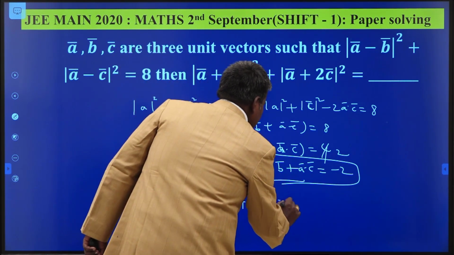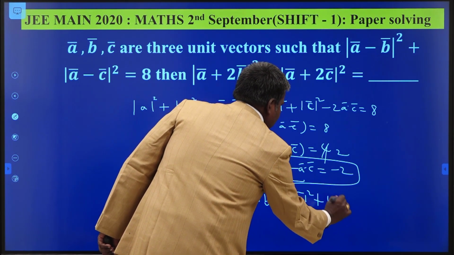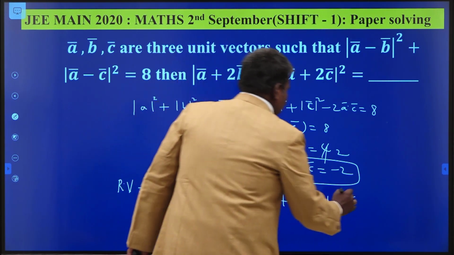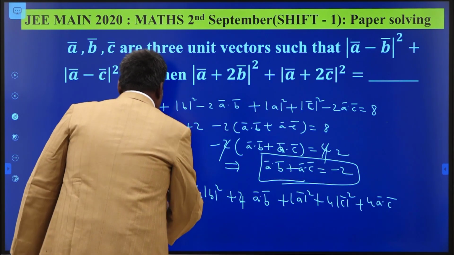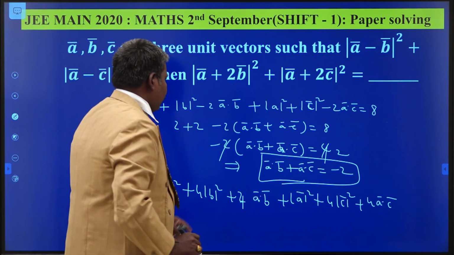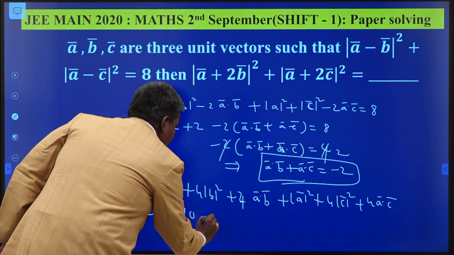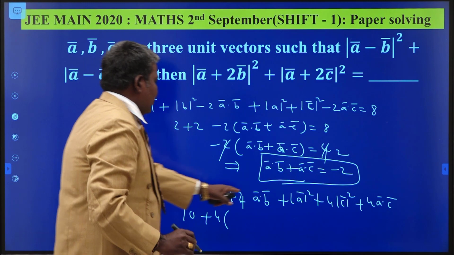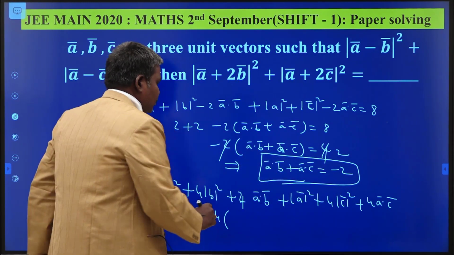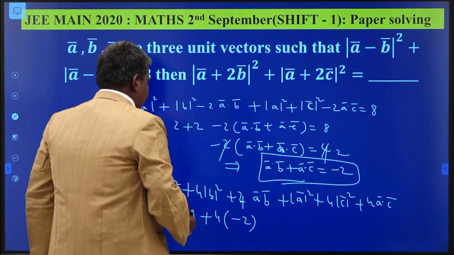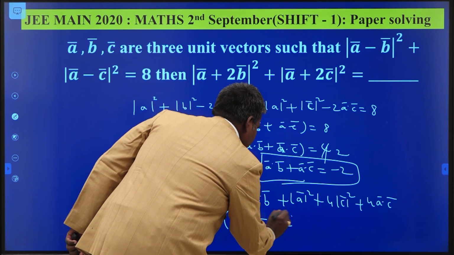Next, plus modulus of a bar square plus 4 times modulus of c bar square plus 4 times a bar dot c bar. This is nothing but 1 plus 4, 5. 5 plus 5, 10. 10 plus 4 times a bar dot b bar plus a bar dot c bar. What is a bar dot b bar plus a bar dot c bar? Minus 2. Keep the value here itself. You get 10 minus 8, that is 2 units.